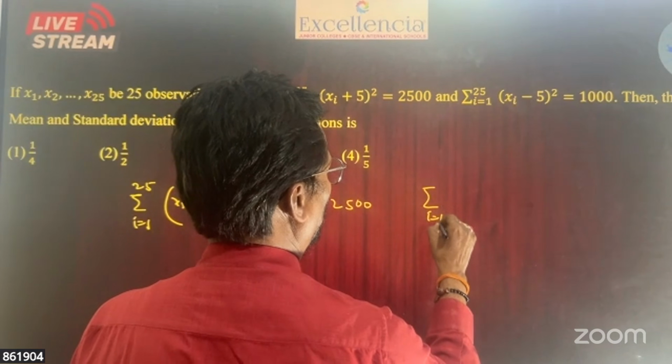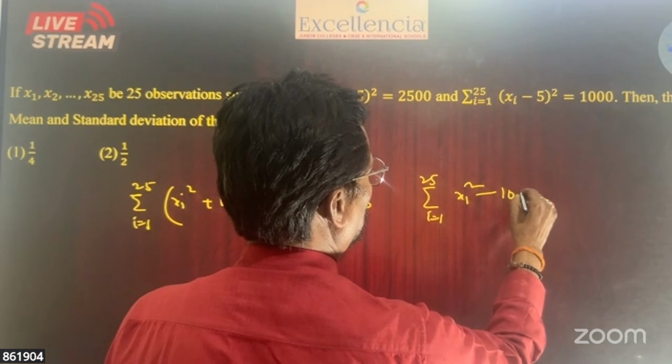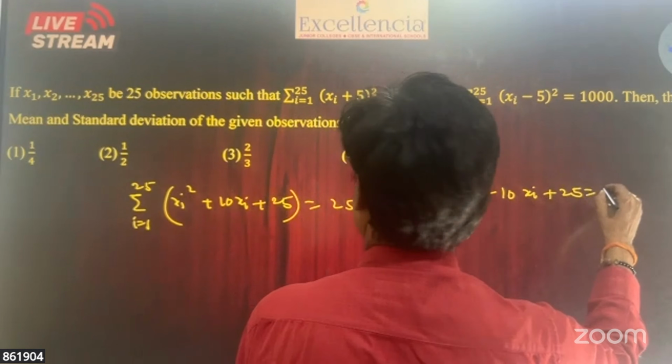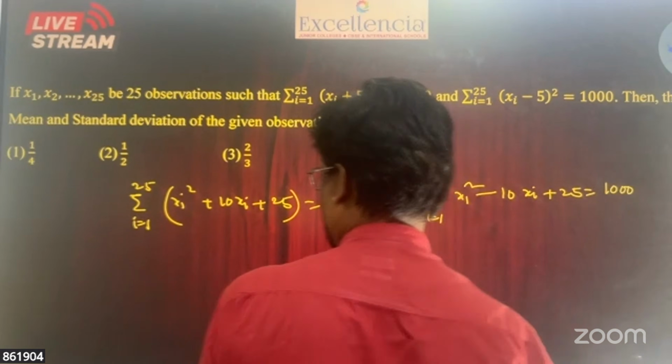Let us simplify: sigma i equal to 1 to 25 of xi square minus 10xi plus 25 is equal to 1000.